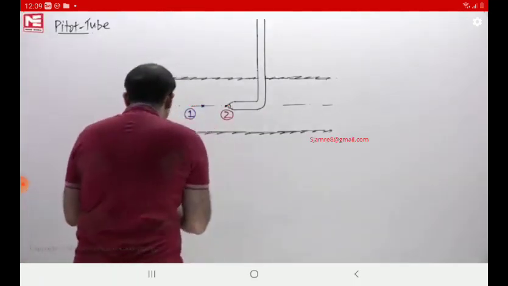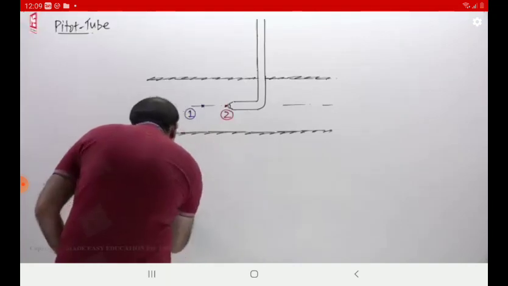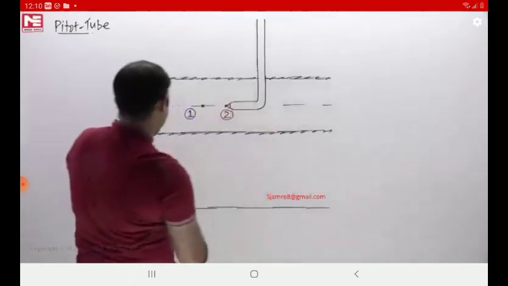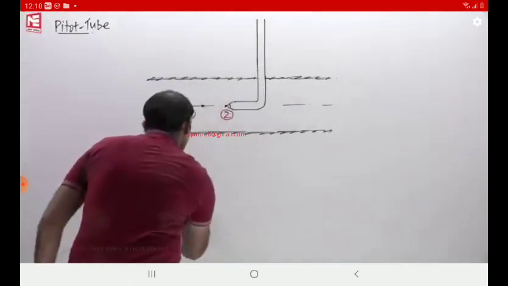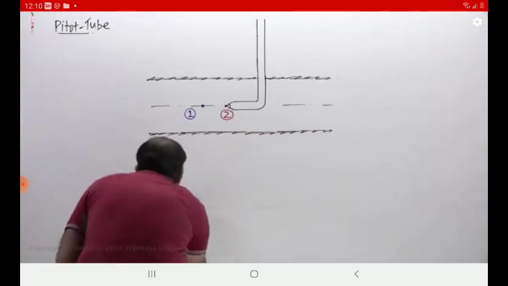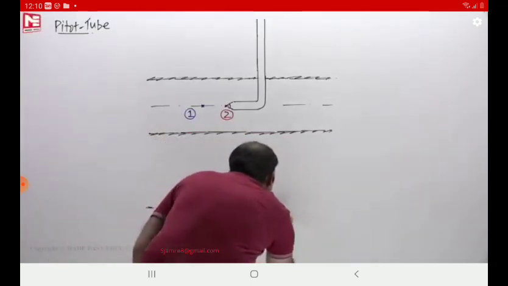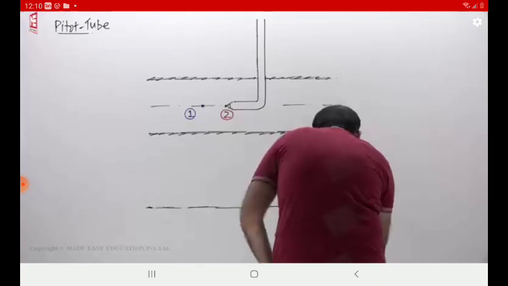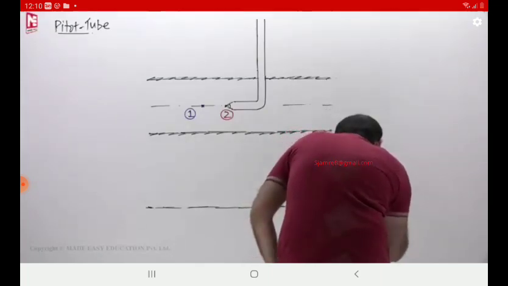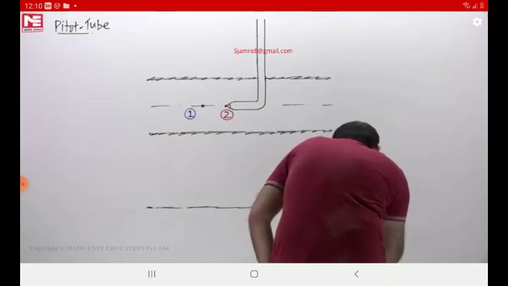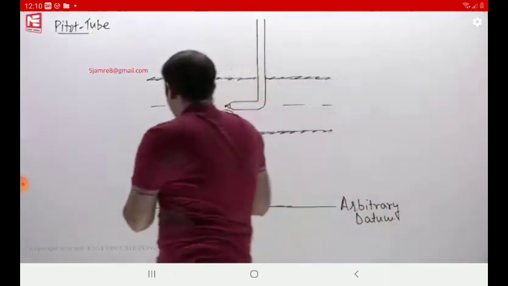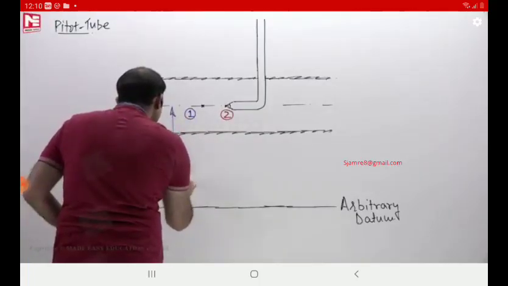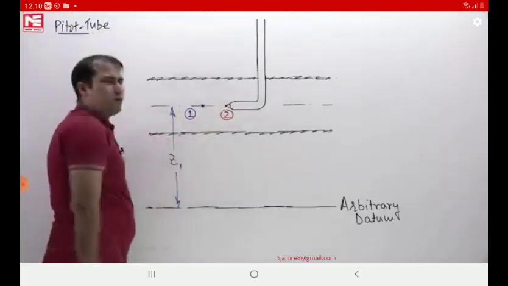For the datum head, I am going to take an arbitrary datum here. So this is the arbitrary datum, and my dear, the datum head is this Z. For 1 and for 2, it is the same.